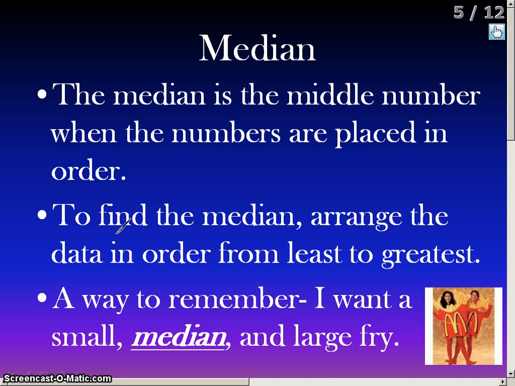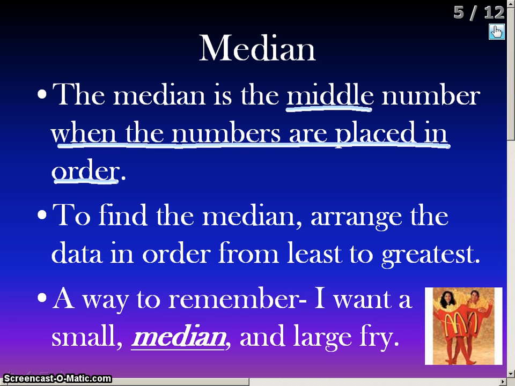Now the next term that we looked at was the median. The median is the middle number. It's important to understand that the median is the middle number when all the numbers are placed in order from least to greatest. It's not just how they're listed in a jumbled order, it has to be from least to greatest.